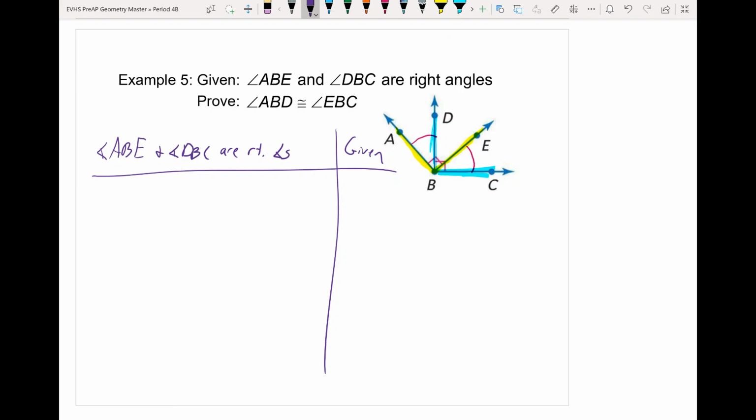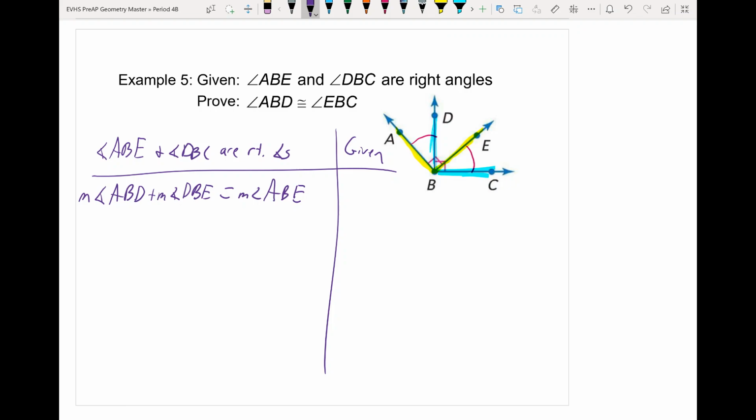So I'm going to invoke my angle addition postulate and say that the measure of angle ABD plus the measure of angle DBE is equal to the measure of angle ABE. That's the one I highlighted in yellow.